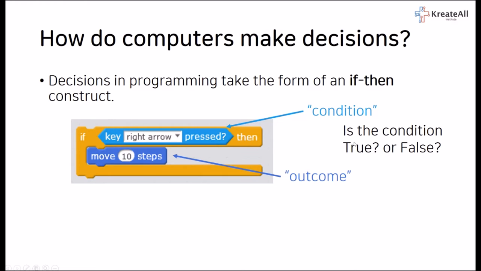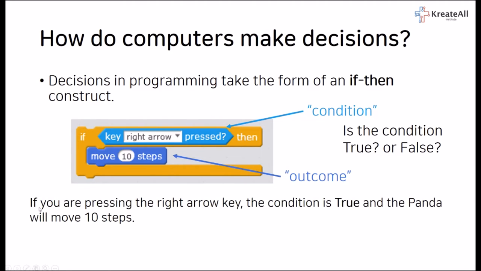So we are going to think about whether the condition is true or false. There can be two situations. First, if you are pressing the right arrow key, the condition will be true, right? And the panda will move 10 steps.